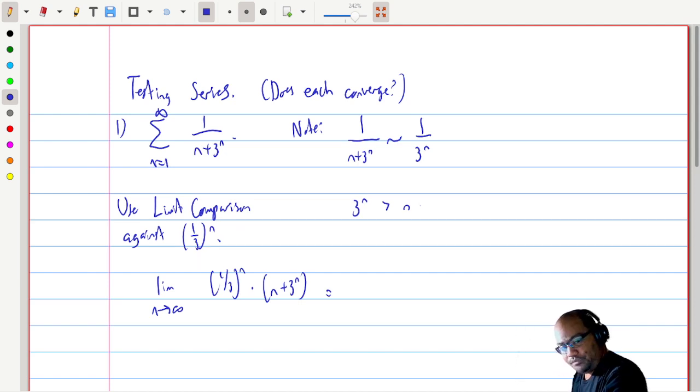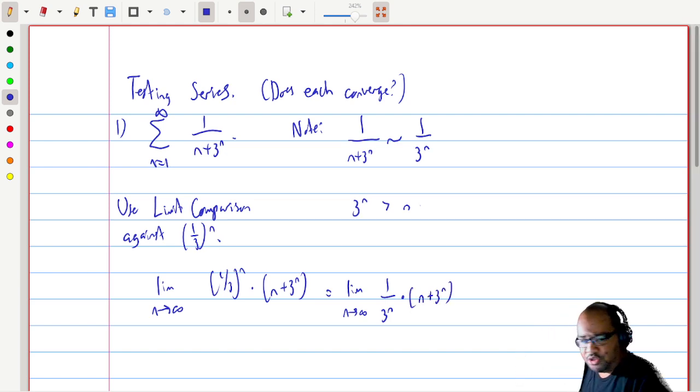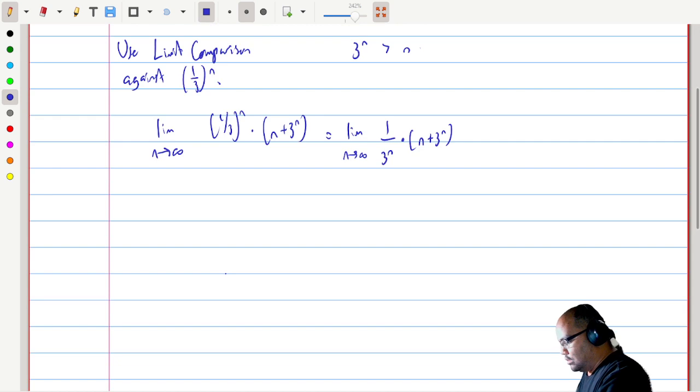Yes, it does. Okay. So we'll use some exponent rules here. It doesn't really matter what you call an and bn here. So I have the limit as n goes to infinity of n over 3 to the n, and then plus, when I multiply the other term out, 3 to the n over 3 to the n is just 1.